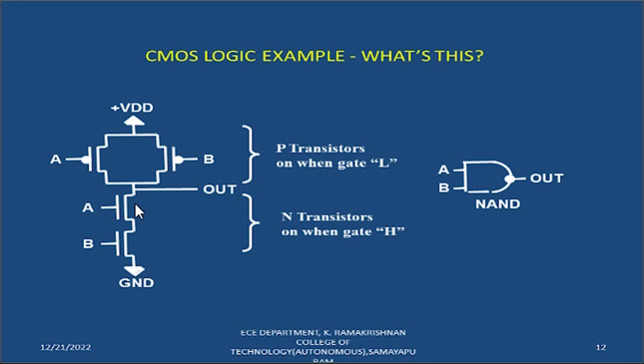If you interconnect two N channel transistors in series, it is called an NMOS NAND gate. If you combine both of those connectivities together, it is called a CMOS NAND gate.